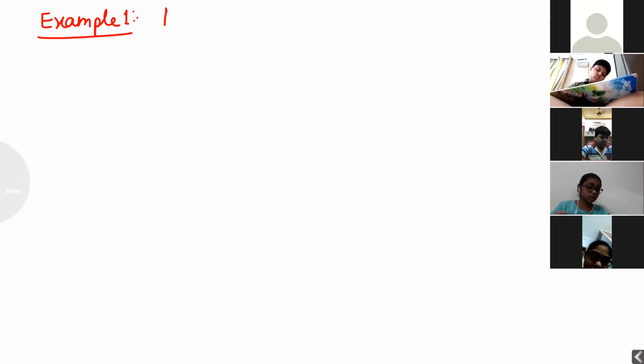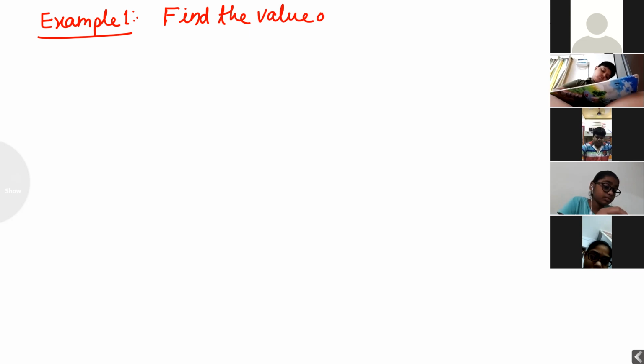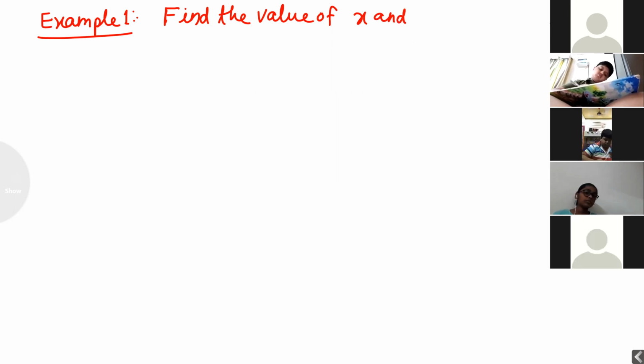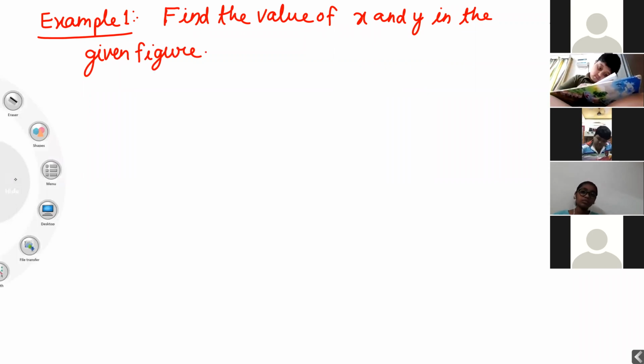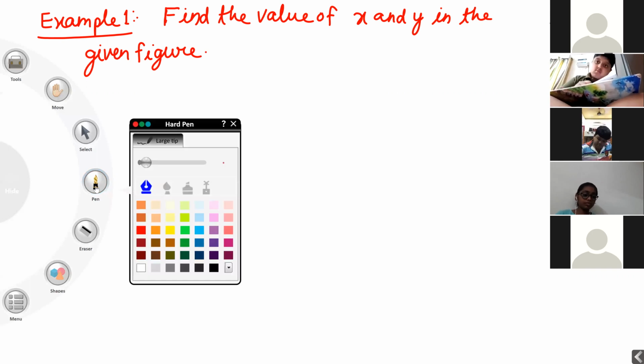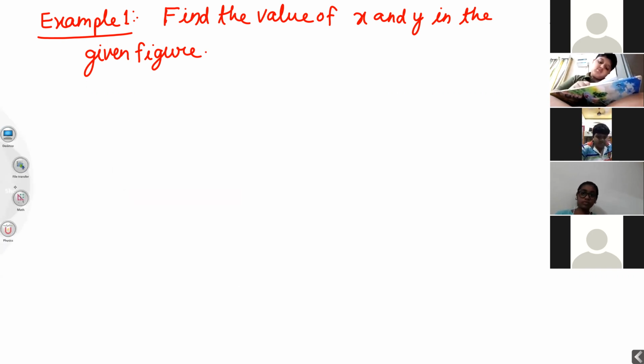Find the value of x and y in the given figure.